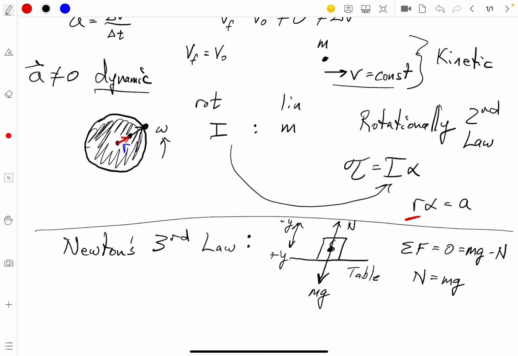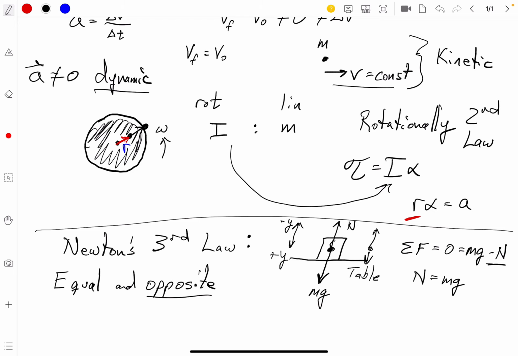Equal and opposite, okay? That's the whole point. Equal and opposite. What does opposite mean? Opposite means it's pointing in the opposite direction, or it's negative to the other force. Equal and opposite.